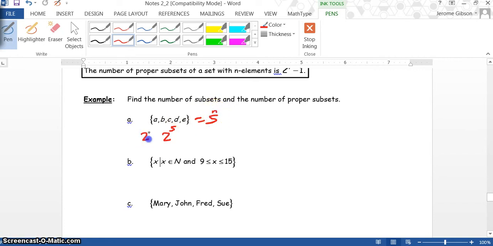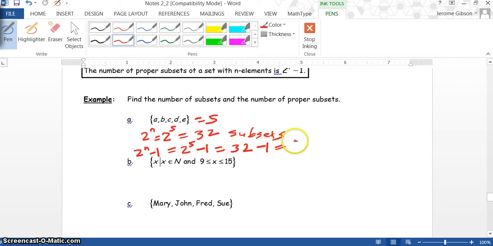So this is the same as saying 2 to the n is equal to 2 to the 5th, which is equal to 32. Now that is our subsets. In order to get the proper subsets, we need to take 2 to the n minus 1, which would be 2 to the 5th minus 1. We know 2 to the 5th is 32, minus 1 is 31. So it'd be 31 proper subsets.